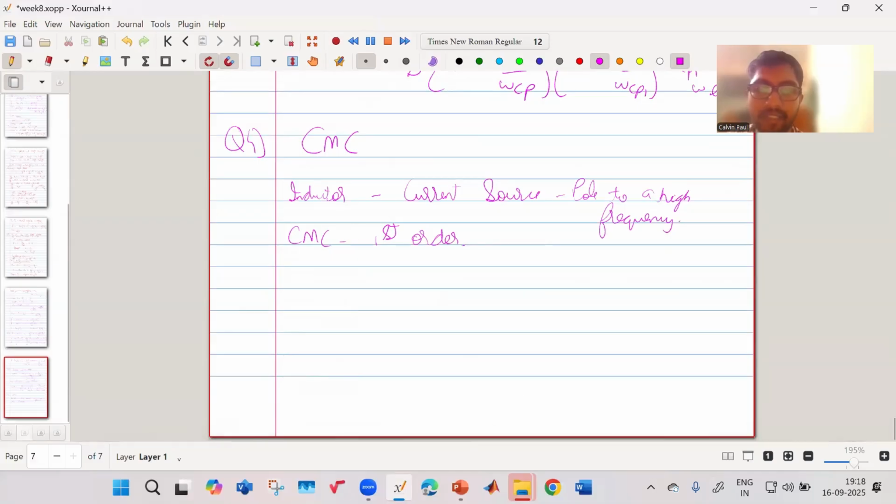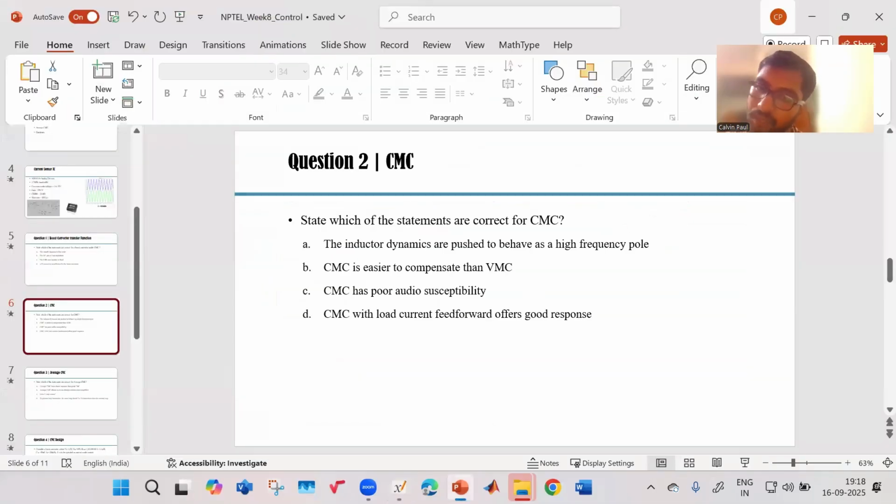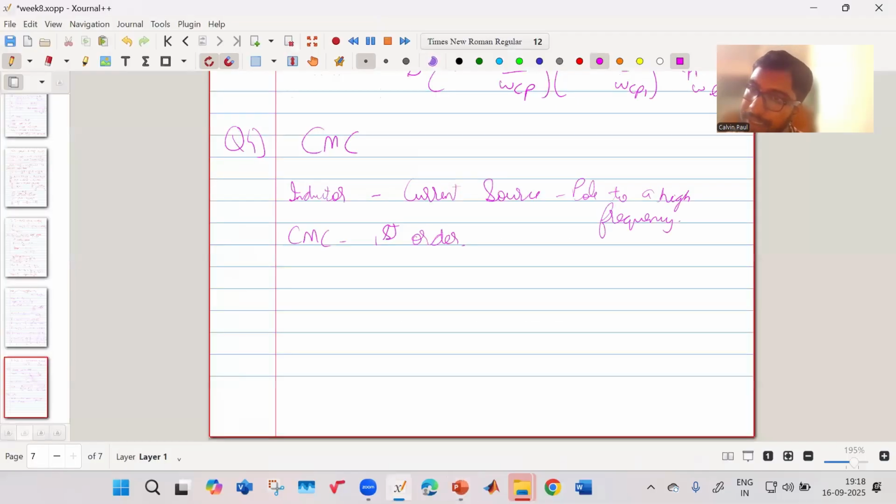The last one is current mode control with load current feed forward offers good response. So current mode control is affected a lot by the value of your resistance, that is, your load. But feed forward will sense your load current, and based on that it will change your control command such that you will adjust.